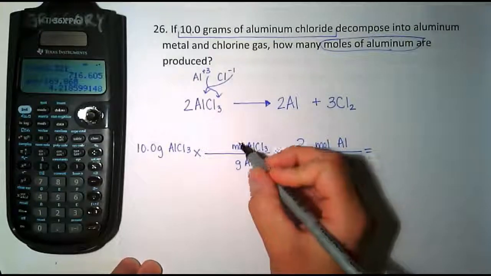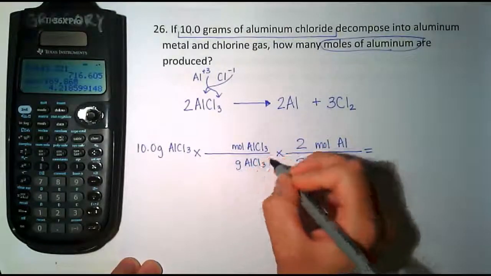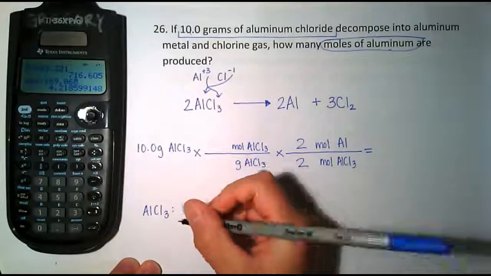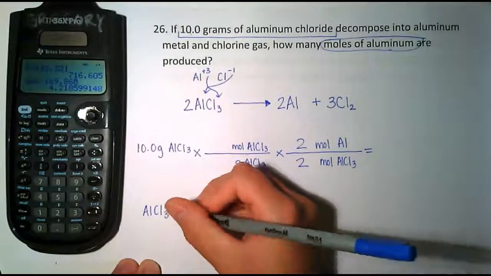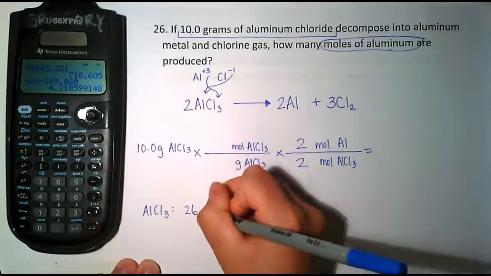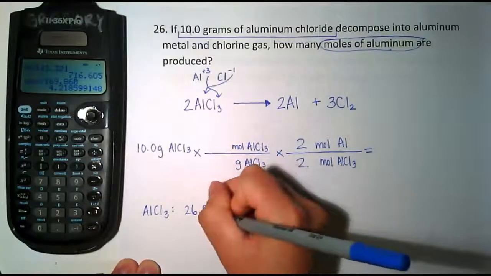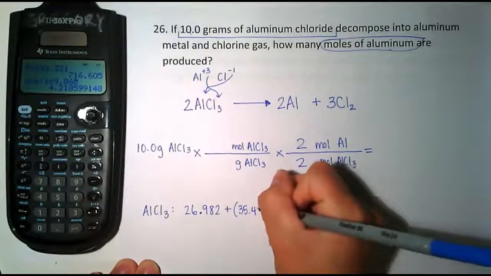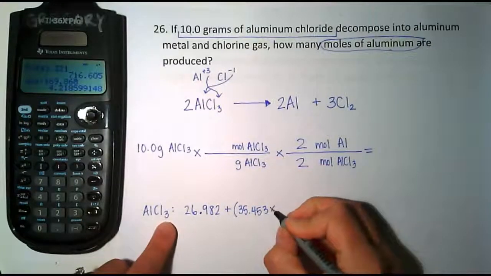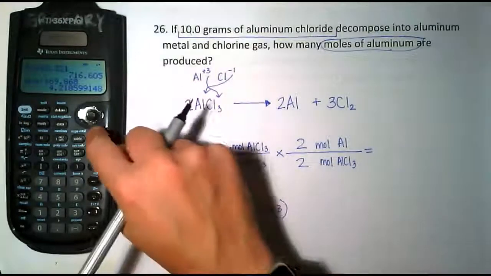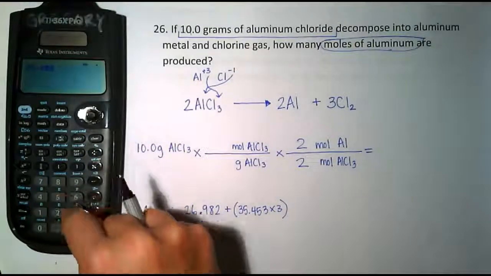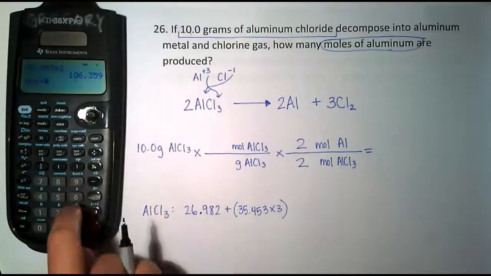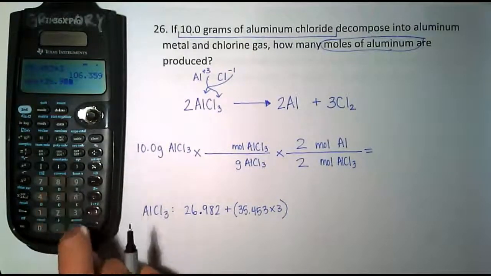And to get our gram to mole conversion, we need to calculate the molar mass of AlCl3. So to do that, aluminum's molar mass is 26.982, and then chlorine's molar mass is 35.453. But we have 3 chlorines, so we have to multiply that by 3. 35.453 times 3 plus 26.982.